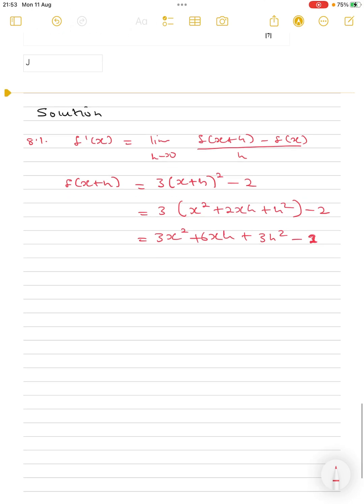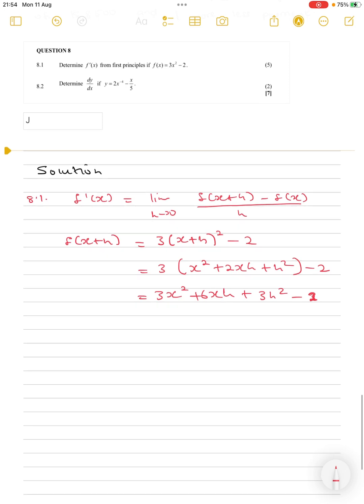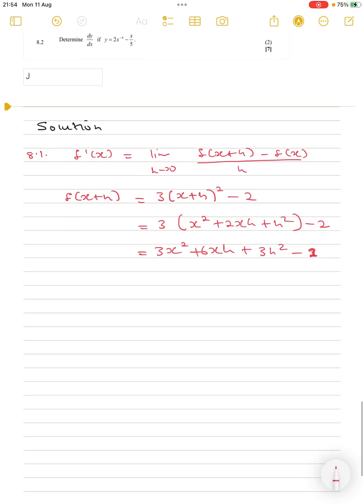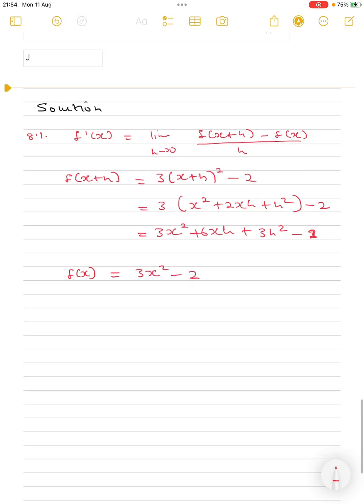Here, whenever you are solving this, you have to know the rules of differentiation so that you will see if you got the right answer or the wrong answer. But let us continue with this one. And the function f of x here is equal to 3x squared minus 2.